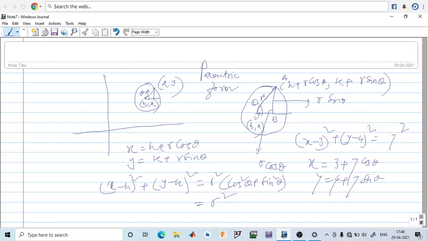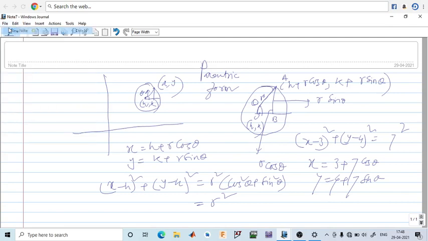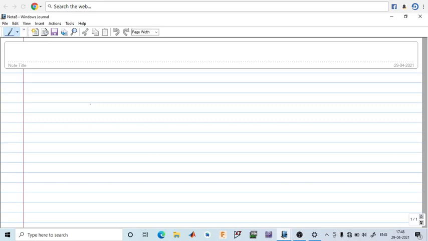So let's go to the new note and conclude. First is the position of a point with respect to a circle.